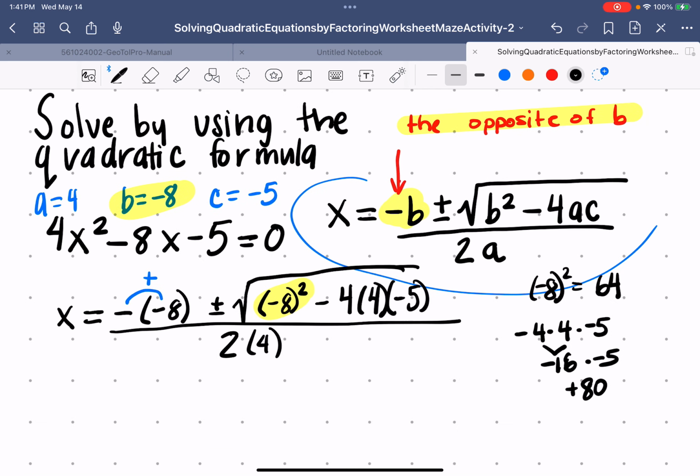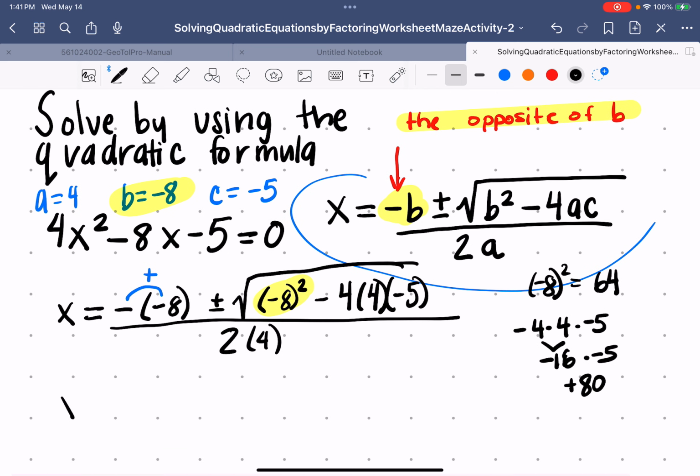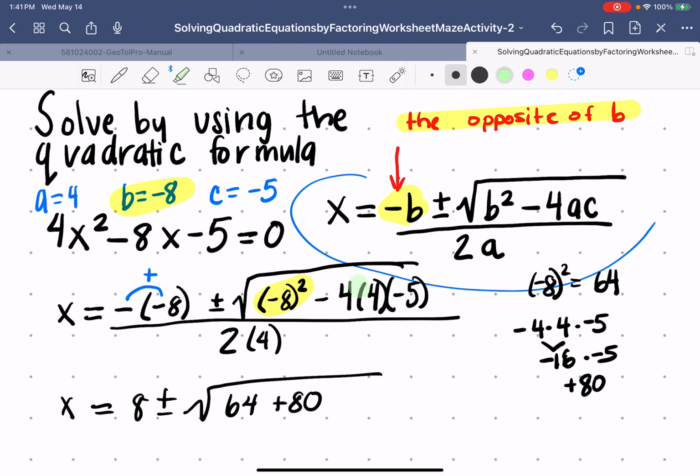So let's write our equation again. We have 8 plus or minus square root of 64 plus 80. This gives us 80. So we're just replacing it. All divided by 2 times 4, which is 8. We can just write 8 now.